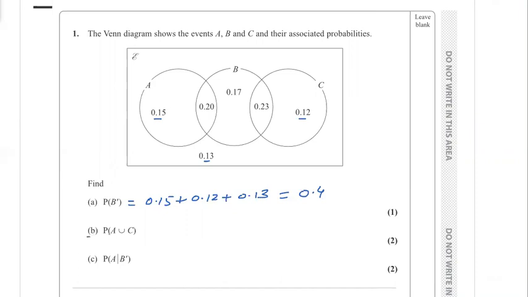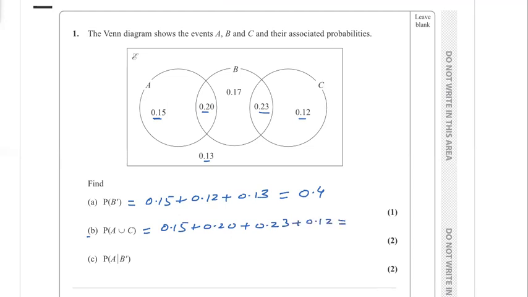In part B, we have to find the probability of A union C. Now, probability of A union C means whatever is inside A and C, and then their union. So that will include 0.15, 0.20, 0.23 and 0.12. So we will add all of these. 0.15 plus 0.20 plus 0.23 plus 0.12.